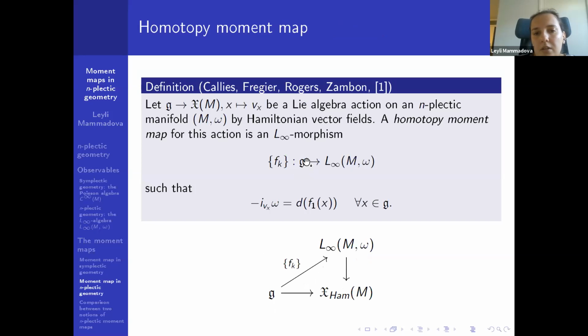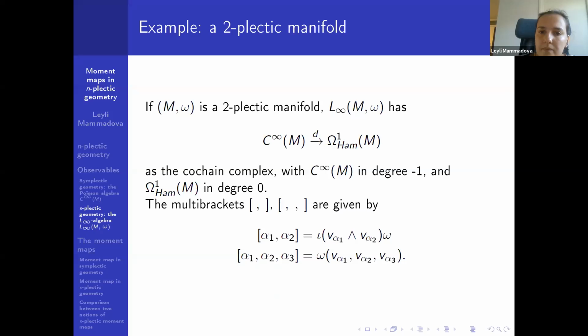So again, we have an action of a Lie algebra on a multisymplectic manifold, and a homotopy moment map for this action is an L-infinity morphism between G and this L-infinity algebra of observables, the one from this slide.